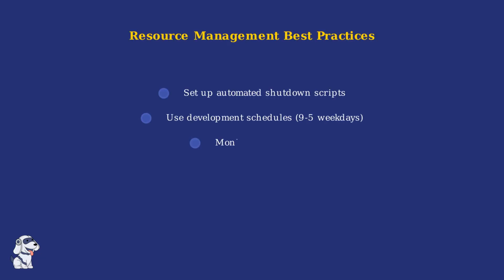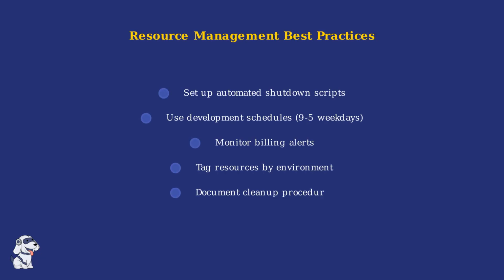Now let's look at some best practices for resource management that can save you significant money and prevent billing surprises. First, set up automated shutdown scripts that can turn off development resources outside business hours. Use development schedules that match your team's working hours. Set up billing alerts to catch unexpected charges early.